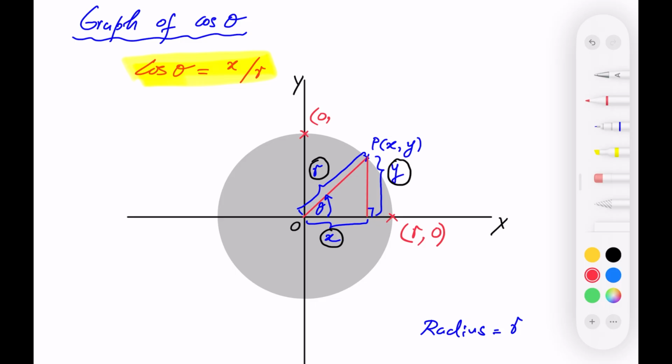The y coordinate should be equal to the radius, which is equal to r. Let's say that theta is now starting to move from here up to back on this x-axis onto the negative direction. That means the new position of P is right here. In that case, the x coordinate can be seen as negative r, and the y coordinate is equal to 0.